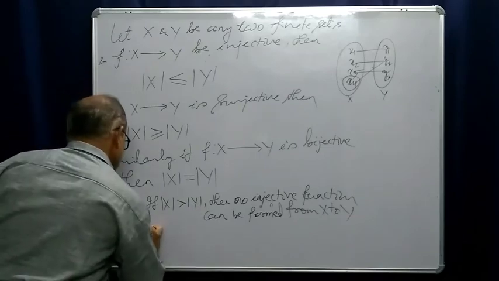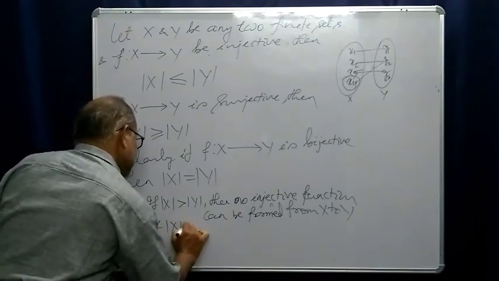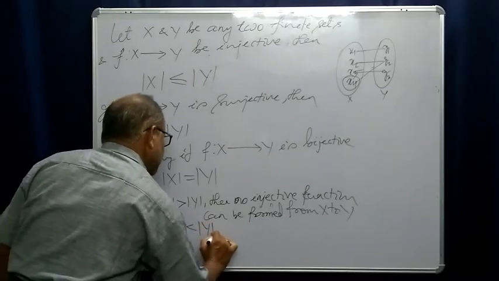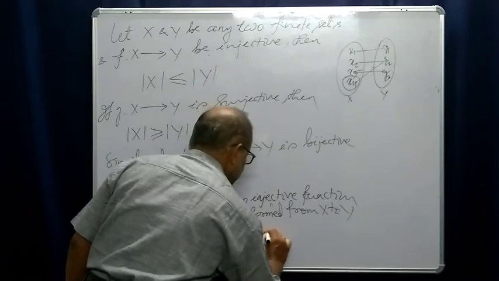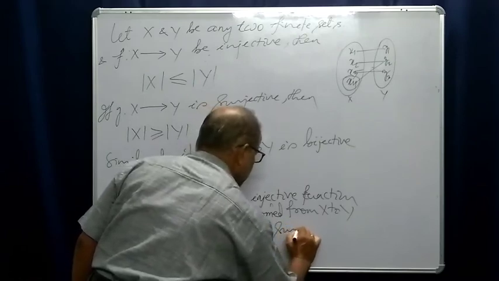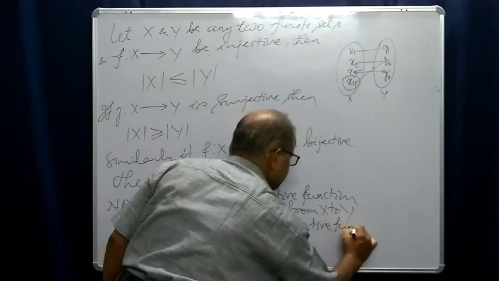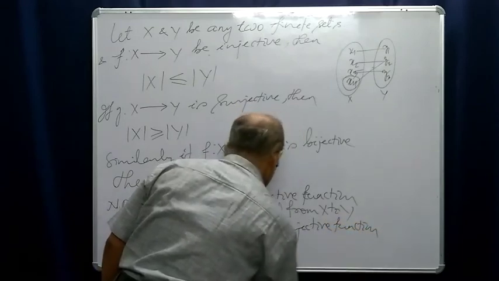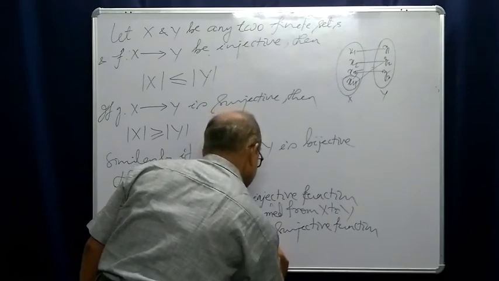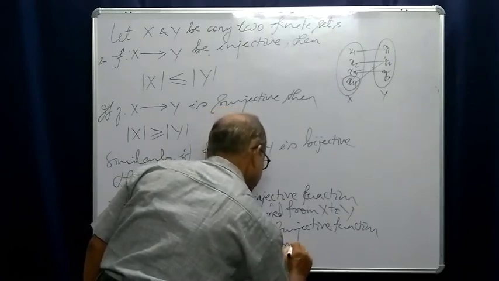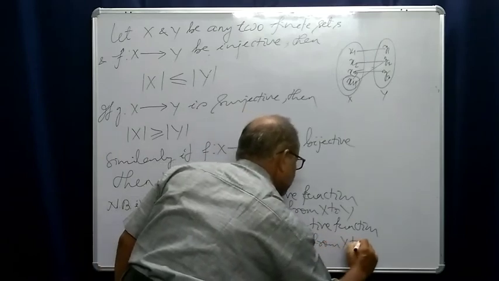Similarly, if cardinality of x is less than cardinality of y, then no surjective function can be found from x to y.